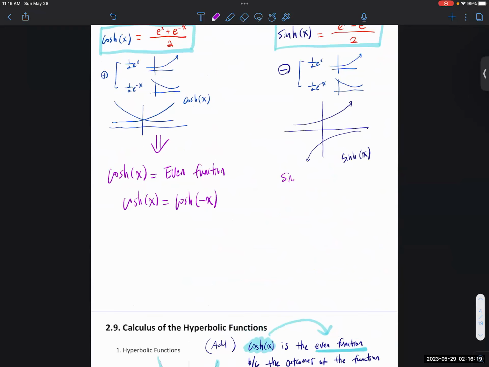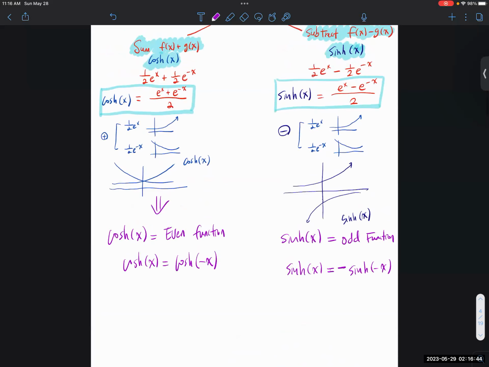For the sinh function, we proved that it is an odd function. What does that mean? Sinh of positive x and sinh of negative x are not equal, but they're going to be equal if you multiply by negative. So that's the odd function characteristic.